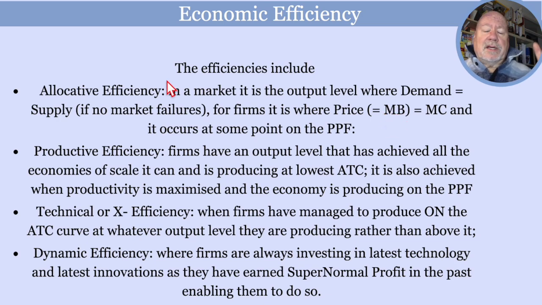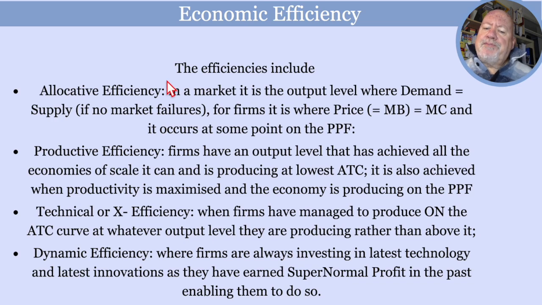So again, the underlying assumption will be that you are rational consumers, and that the price that you're willing and able to pay reflects the marginal benefit that you know you're going to get from the good, and that's going to equal the marginal cost of using up the scarce factors of production. Always worth putting that phrase in. It also occurs at some point on the PPF. So when you draw your PPF, there is one point on the PPF which is allocatively efficient.